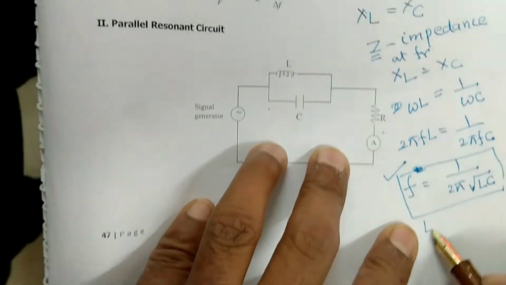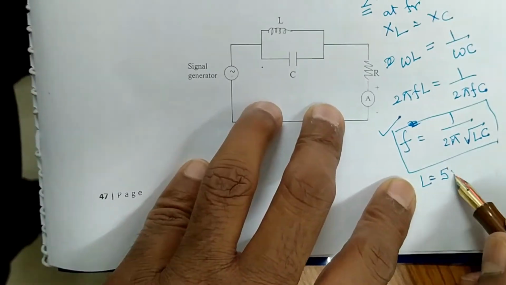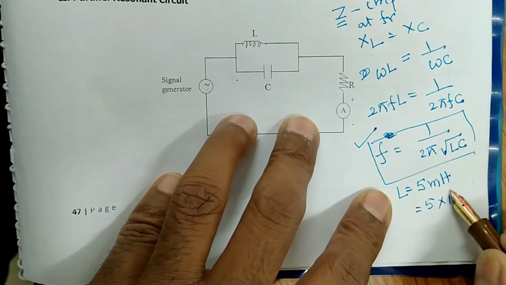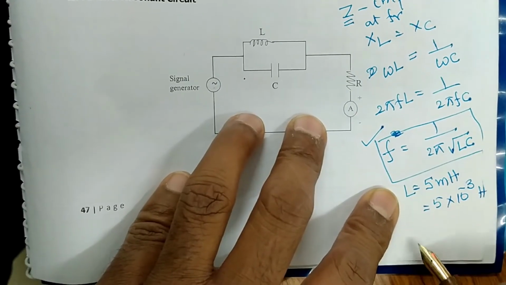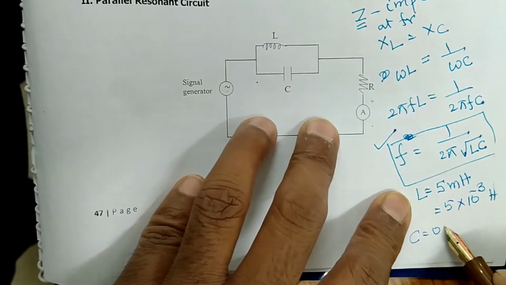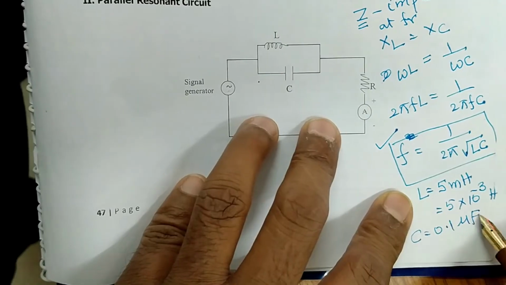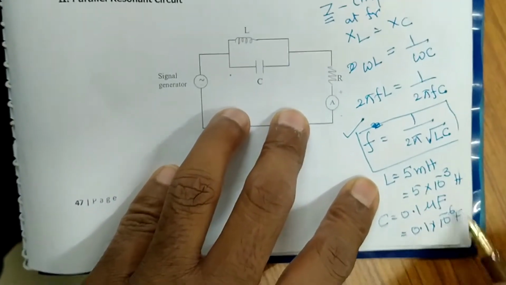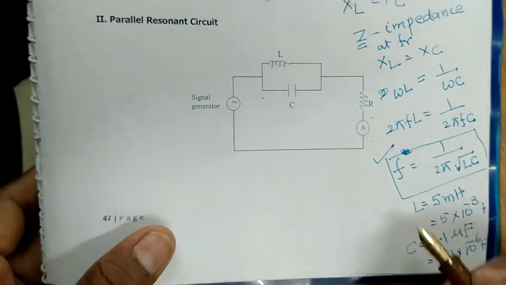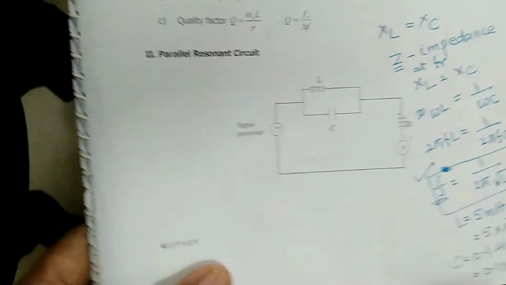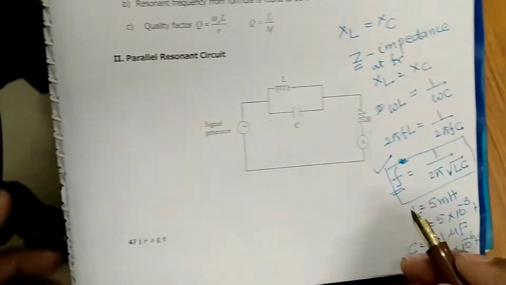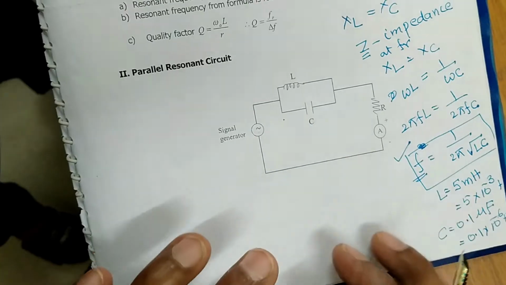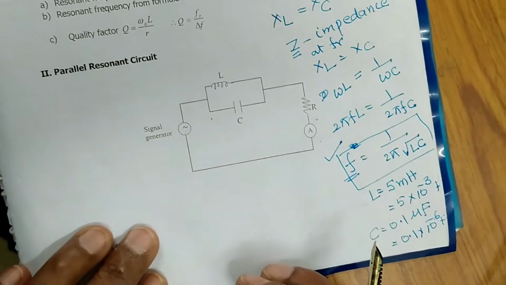Here, L we have taken as 5 millihenries, which is 5 into 10 to the power minus 3 henries. We have taken C as 0.1 microfarad, which is 0.1 into 10 to the power minus 6 farads. If you know these values, you can calculate the resonant frequency. After calculating it, we have to verify the resonant frequency practically.